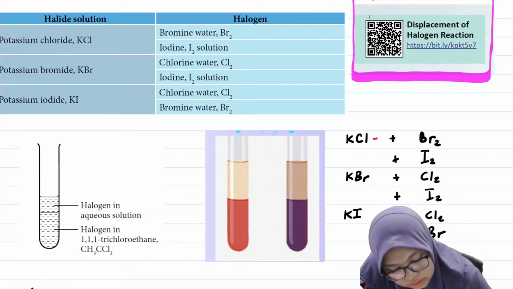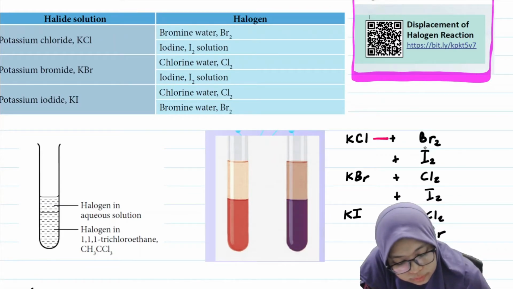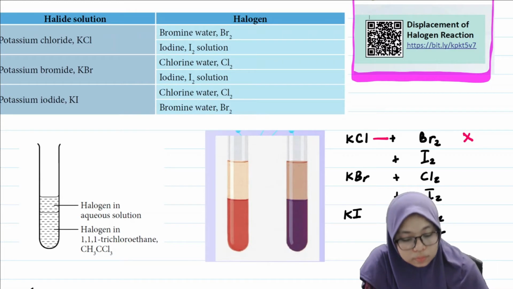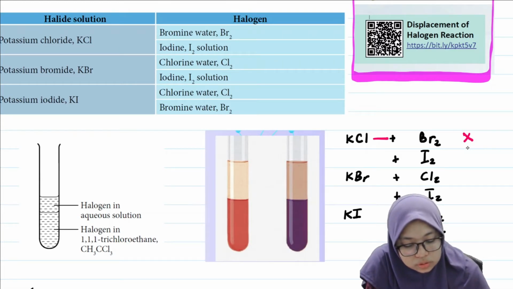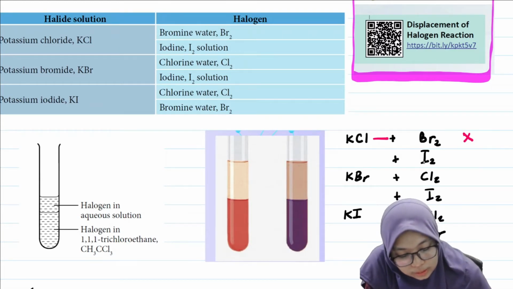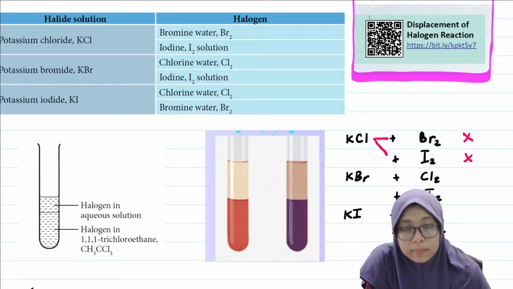For the first experiment, potassium chloride reacts with bromine. Bromine is less reactive, so bromine will not be able to displace chlorine from potassium chloride, so this reaction is not going to happen. Iodine is also less reactive compared to chlorine, so this reaction will also not happen.